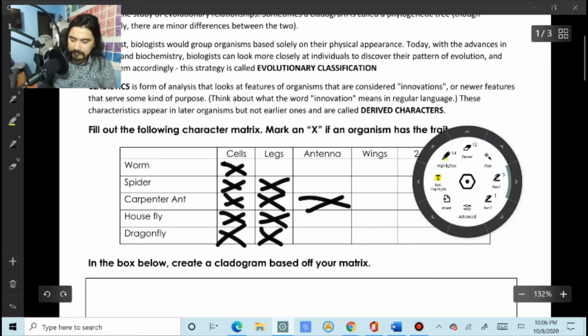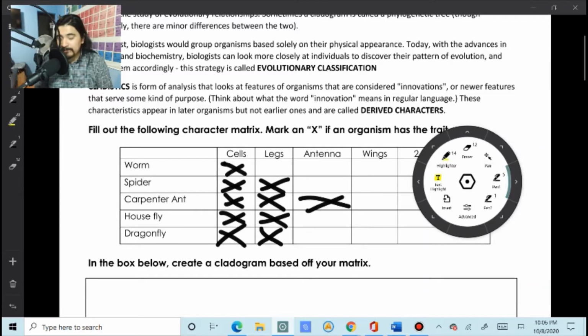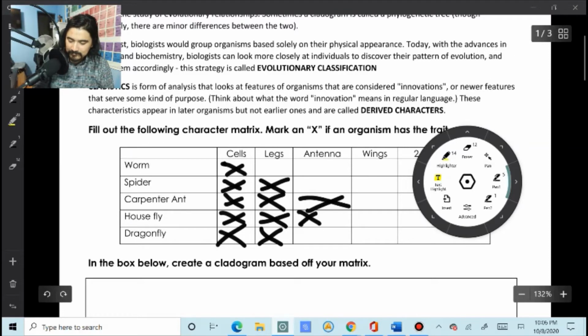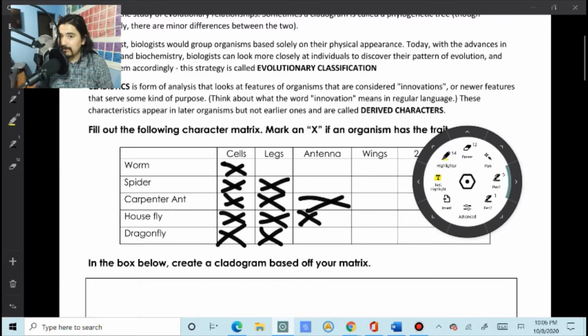Perfect. All right. Housefly. Does a housefly have antennas? Pause. Yes, houseflies do in fact have antennas. All right. Dragonfly. Do dragonflies have antenna? Yes, dragonflies do in fact have antenna.